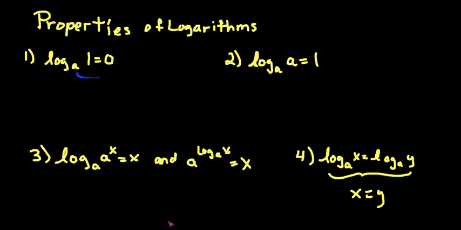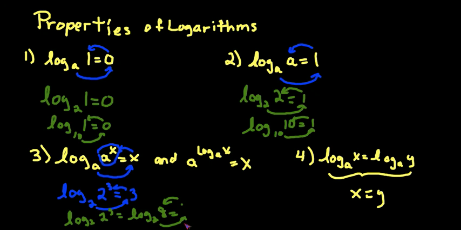And of course that's 2 to the 3rd. So if the base and the value here match each other, whatever that exponent is, is our solution. So you can use a shortcut by doing the properties.